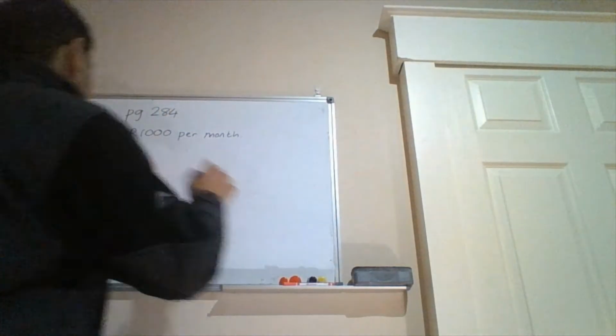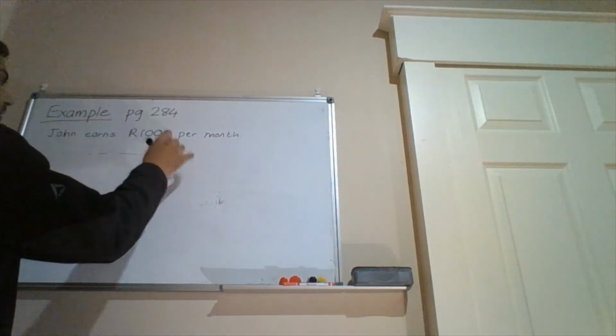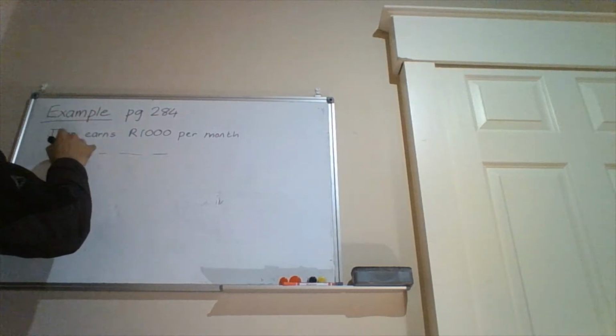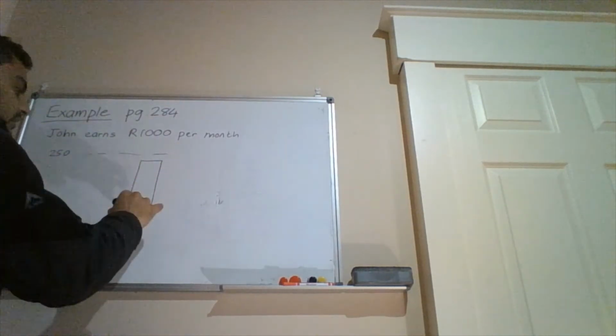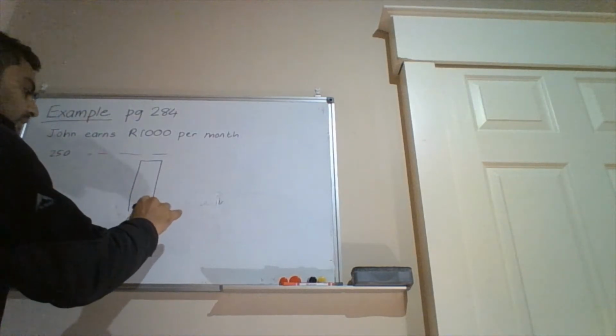For example, if we look at his maximum spending, which is for clothes, it looks like he spends just under 250 Rand. So our histogram would go like this. Here's the 250 mark, and the amount spent on clothes is here.